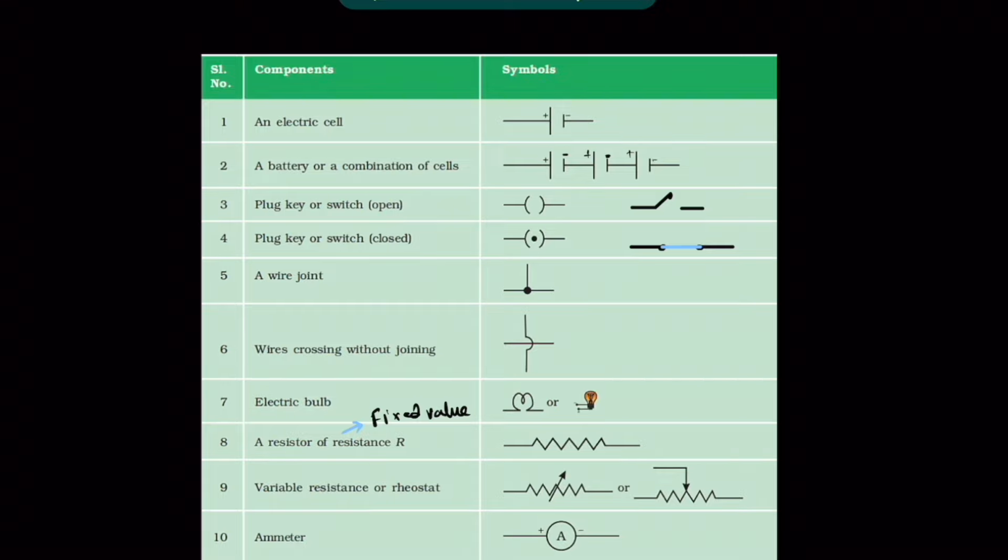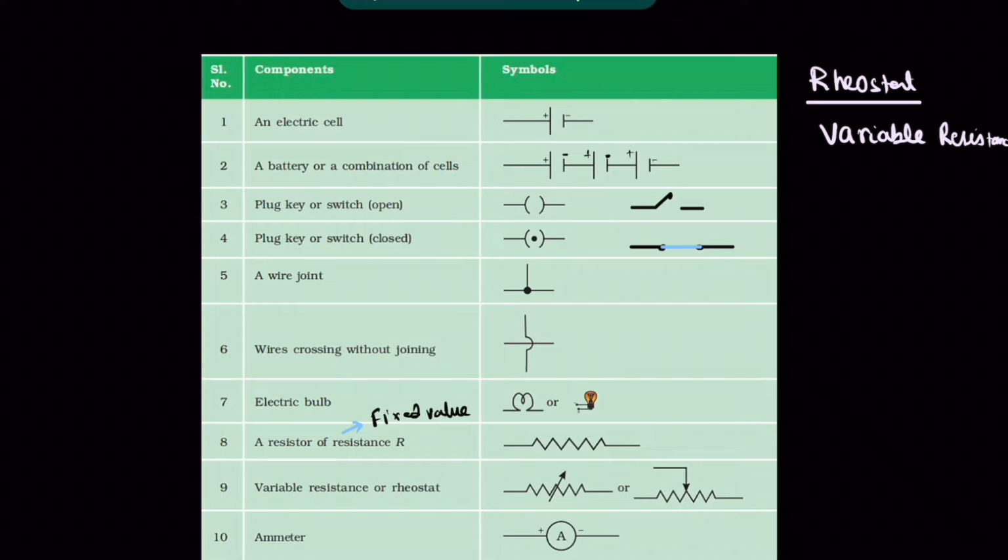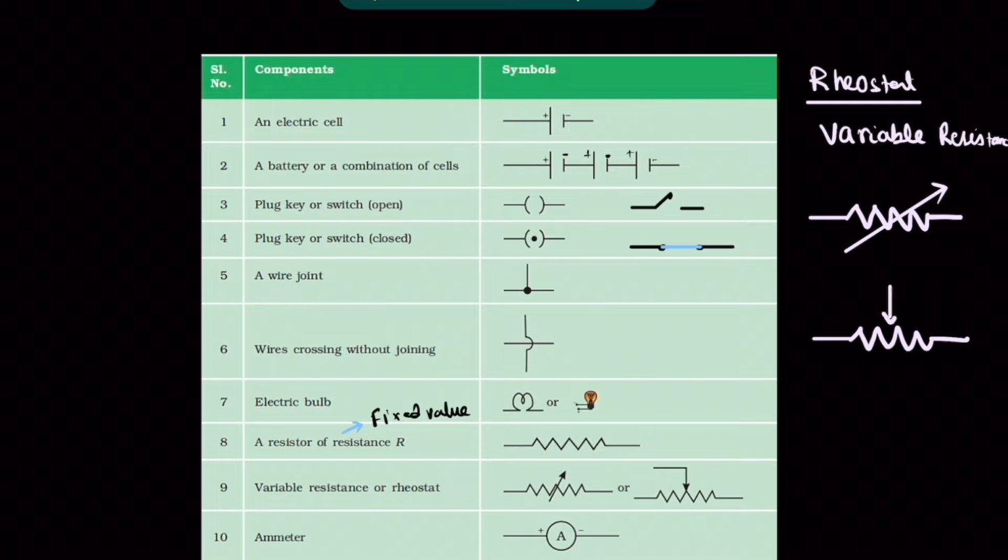A variable resistor is also called a rheostat. A rheostat has variable resistance. Sometimes in exams they ask to define rheostat. It is a variable resistance. For a variable resistance, we first make a resistor figure and then over it we make a straight line, or in the same way we make a resistor and draw a line like this. Both are the same way of representing a rheostat.